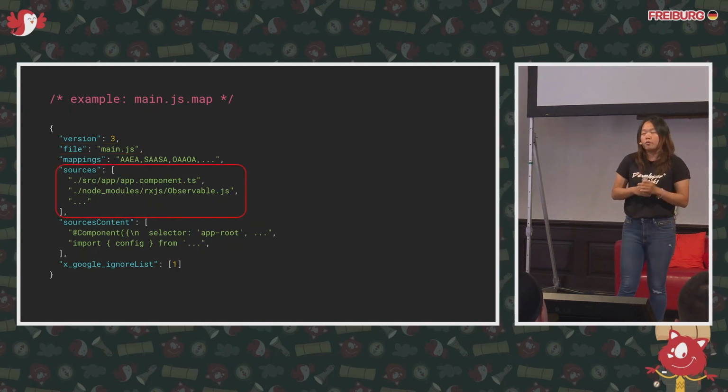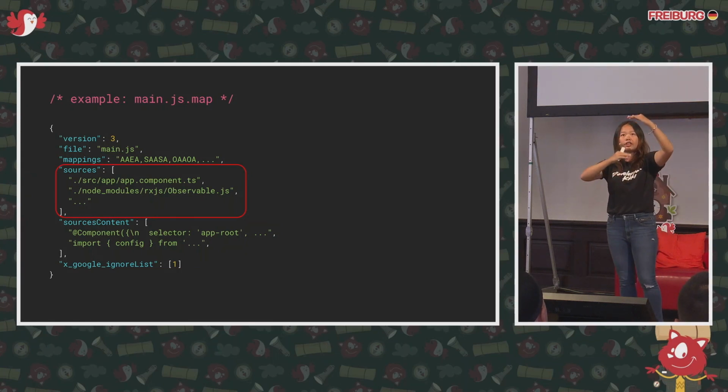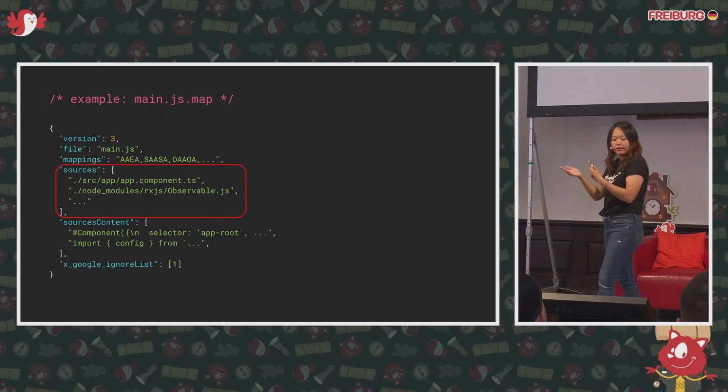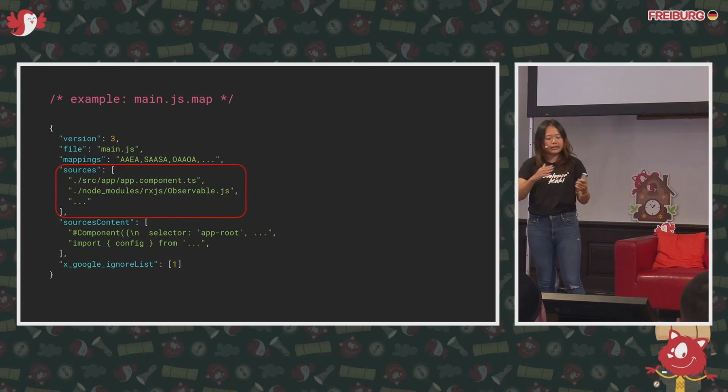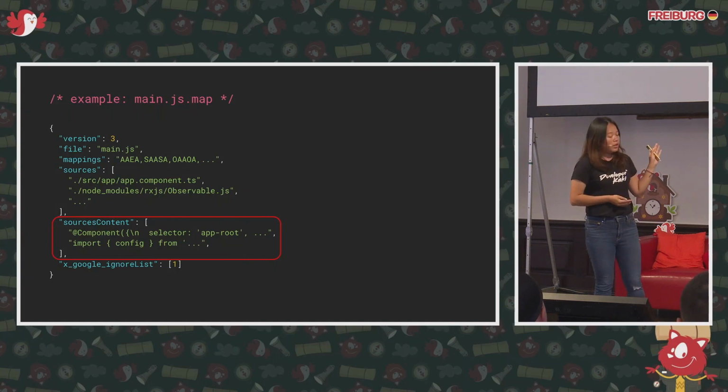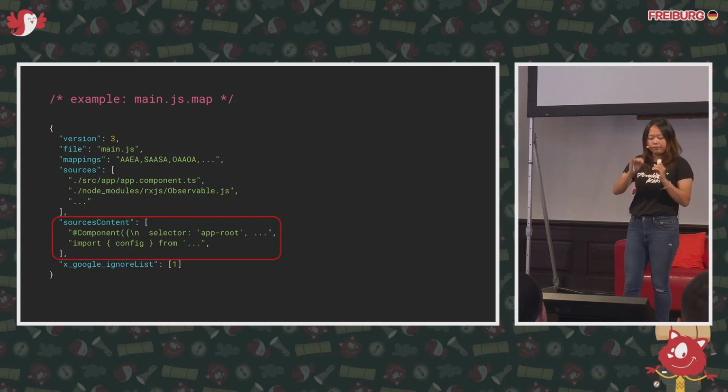And then here, because one JavaScript file can have multiple sources, for example your JavaScript and your node modules, everything bundled together to create an output JavaScript file, it lists out all the sources that you use for TypeScript, JavaScript, SCSS, or other stuff. And in the sources content column, it shows your actual code in TypeScript or SCSS, whatever code that you write.